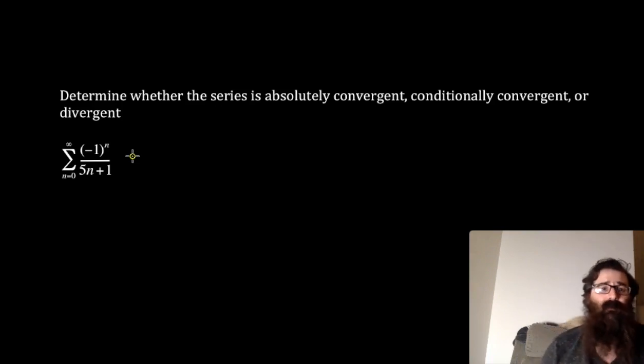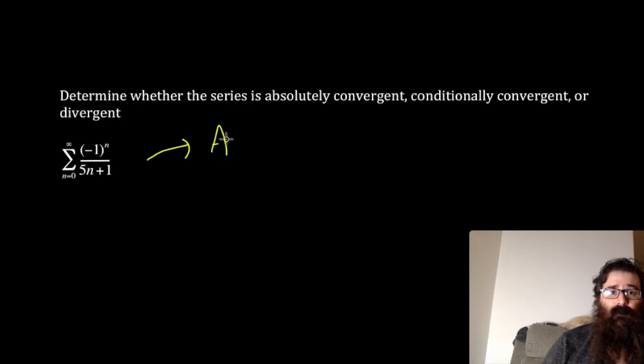So I would start this by going rogue a bit. Let me take a look at the alternating series test. My b sub n, if I strip away this alternating sign, is 1 over 5n plus 1.